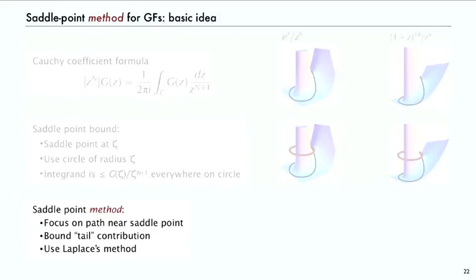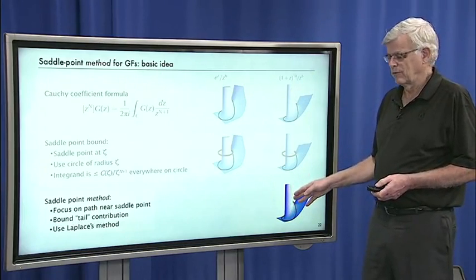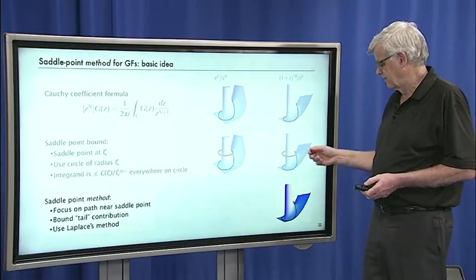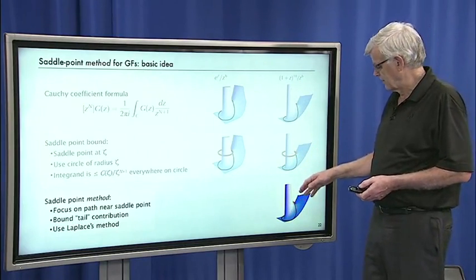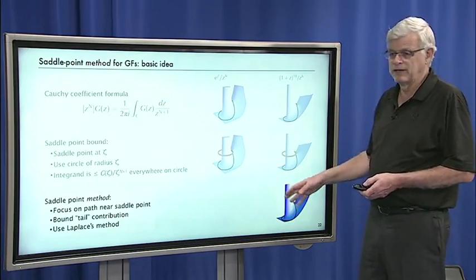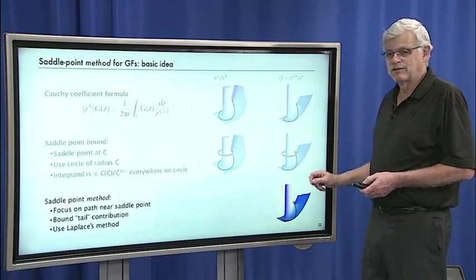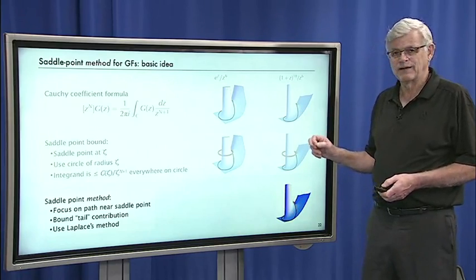But now what we're going to do to get better asymptotics is to just focus on the place near the saddle point. As we saw early on, the integrand is really low for most of the circle. So what we want to do is find a good bound on the tail, or the part that's really low, and focus on the part of the path that's near the saddle point.